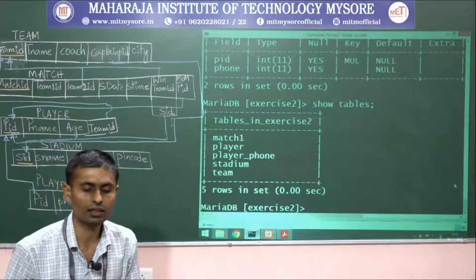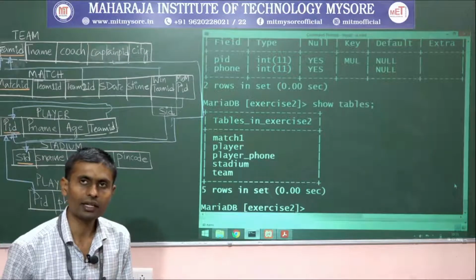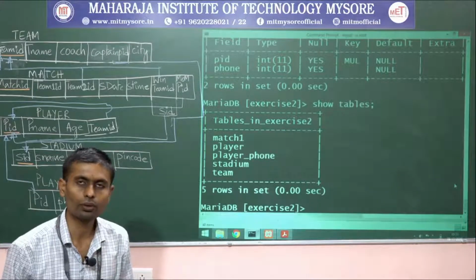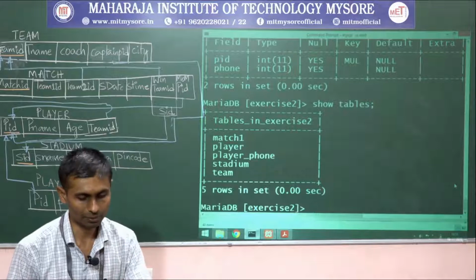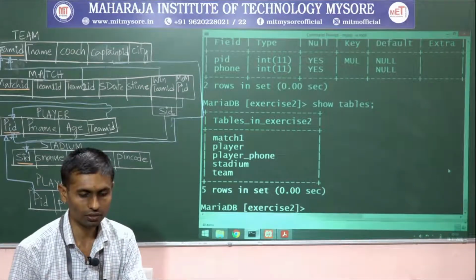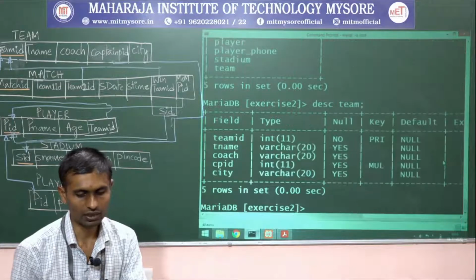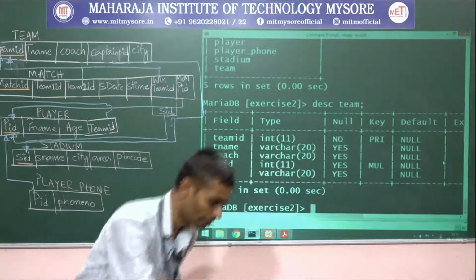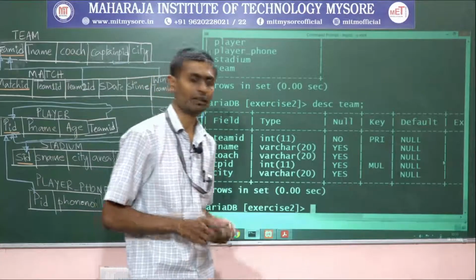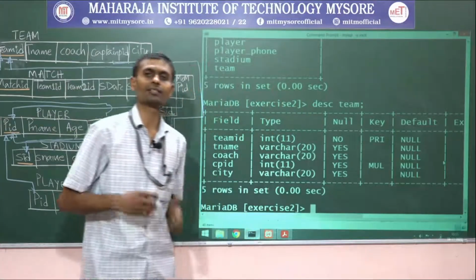Let me go with inserting a tuple, inserting a value to all these tables. Let me go with starting it with the team table. So describe team. We'll have a standard so that we can easily analyze the result, right?